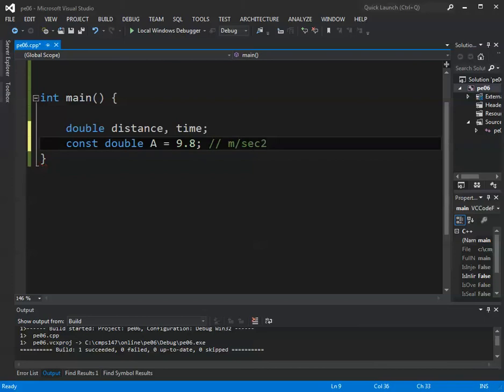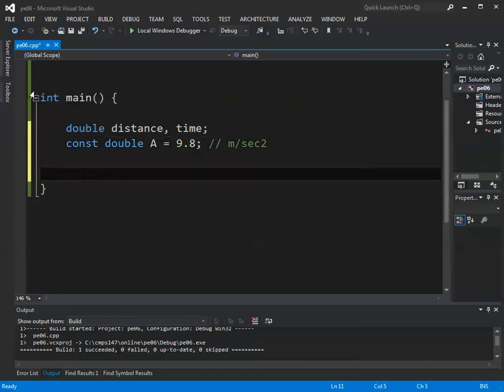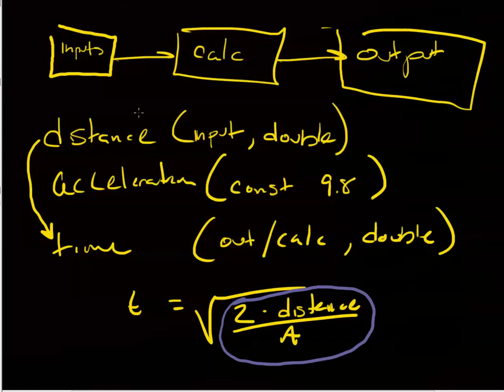Right? And the reason I write that in the comments, it's probably not all that important, but we need to remember as we're writing the program and we're writing our prompts to ask the user for those specific types of units. So the input into this problem, the only input that the user is responsible for giving us is this distance right here. That's the only input we've got.